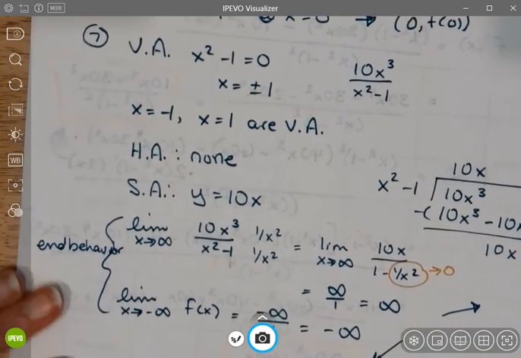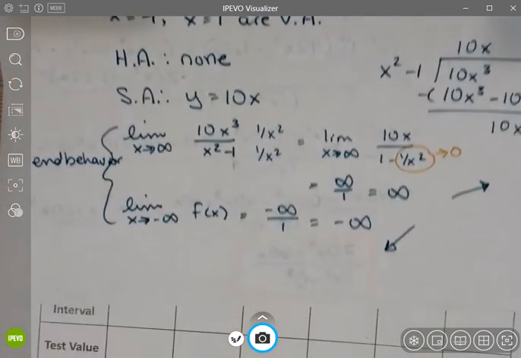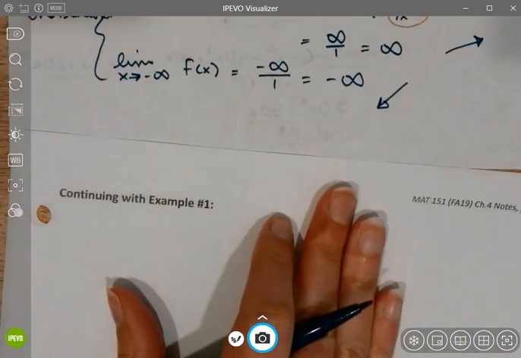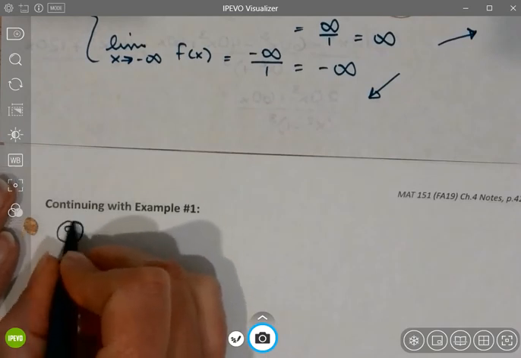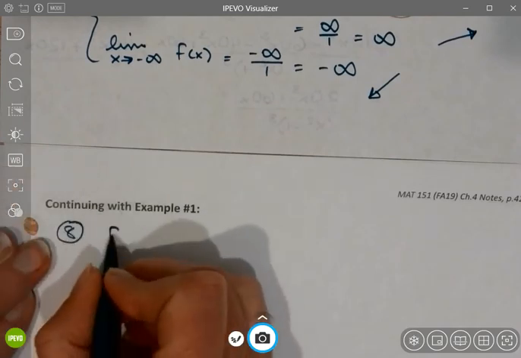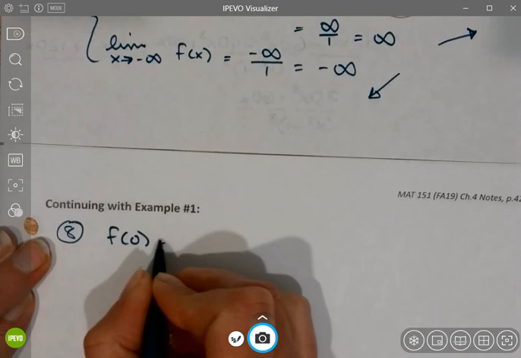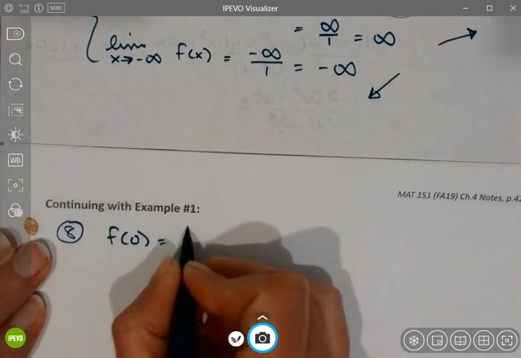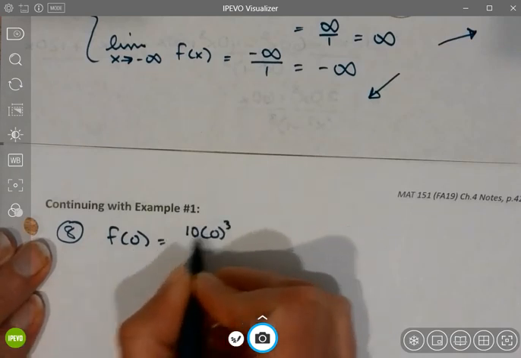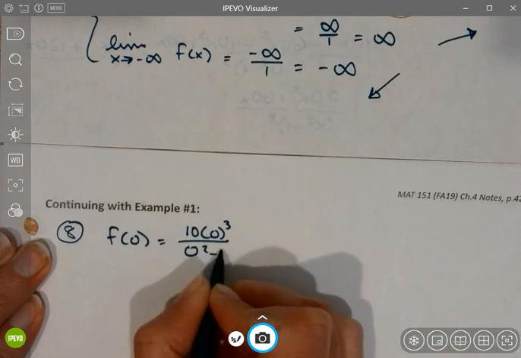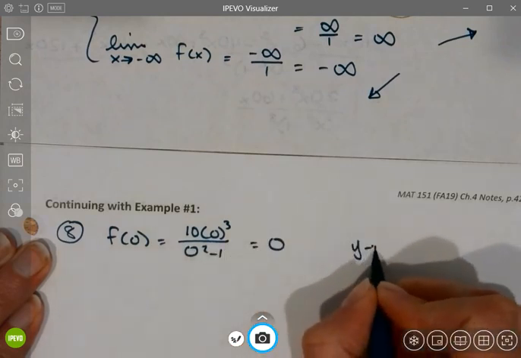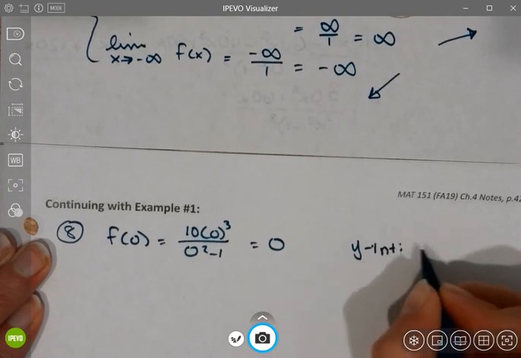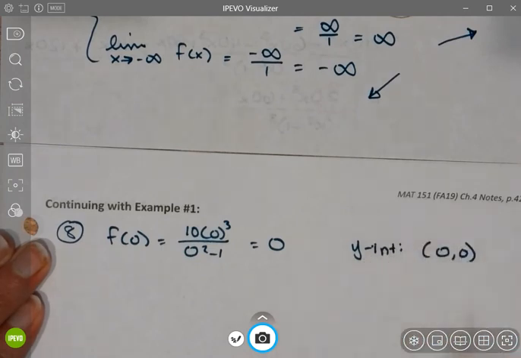Now we're on to number 8, where it's going to ask us to find the intercepts. Okay, so I think we should finish this, and then we'll get to the graphing. So step 8 are intercepts. So we're going to plug in 0, so f of 0, that is 10 times 0 cubed over 0 squared minus 1, that's 0. So that means that your y-intercept is 0, 0.